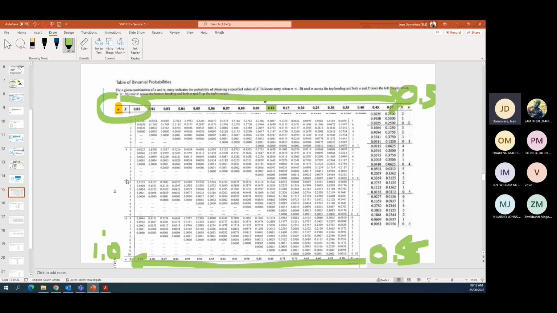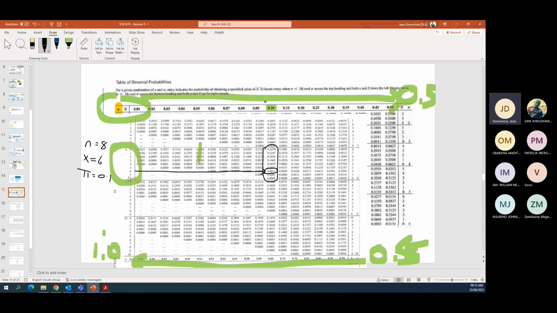Basically, how these tables work is, if you need to work with, let's say, n equal to 8, x equal to 6, and pi equal to 0.1, we would go to where 0.1 is, and if I needed x equal to 6, I would have gotten it this way. That's the more straightforward one.